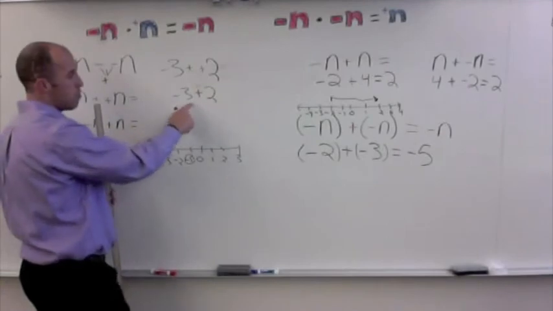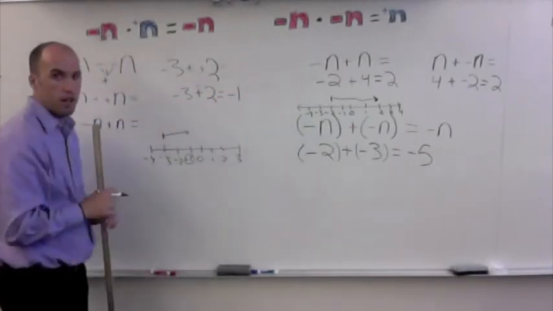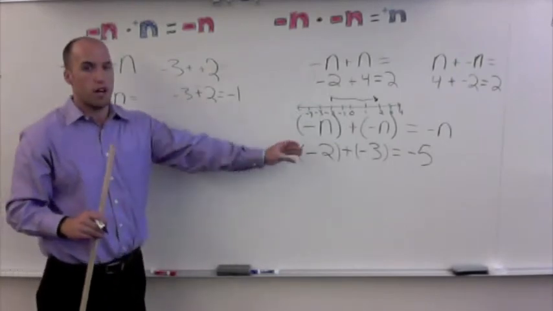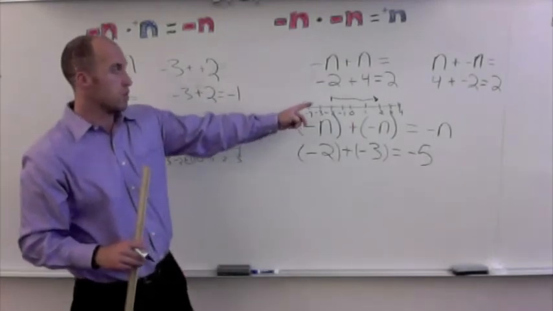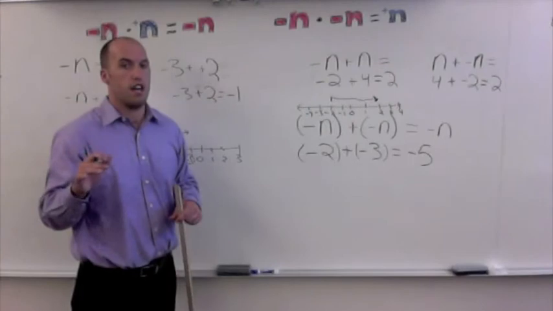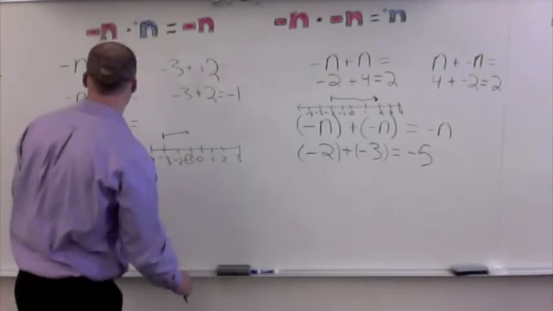But if we just look at it as 2 minus 3, that's also negative 1. So if you're having difficulty with negative 3 plus 2, either rewind this video back to when we talk about that, or go back to the other video where we talk about addition and subtraction with negative numbers, which is more thorough on that subject.